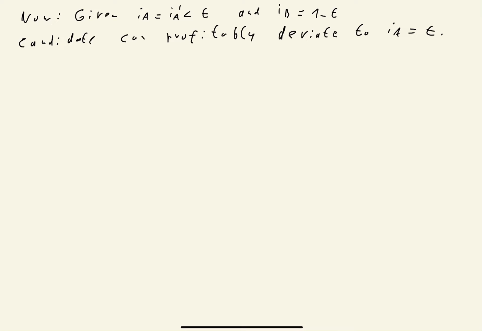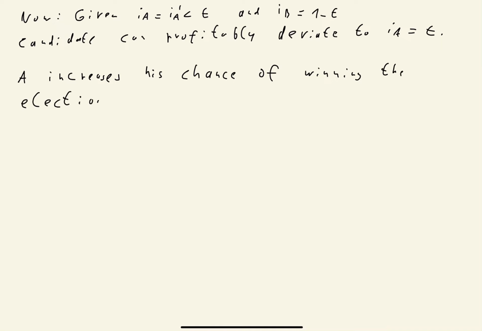By this, A increases his chance of winning the election to 1/2, so from 0 to 1/2 to be precise.